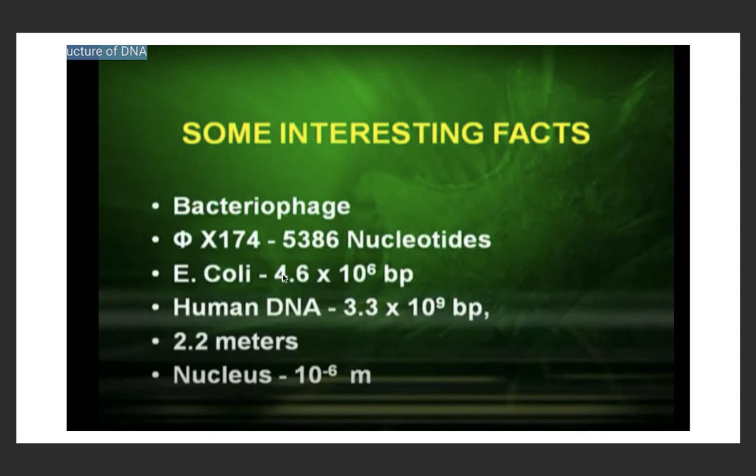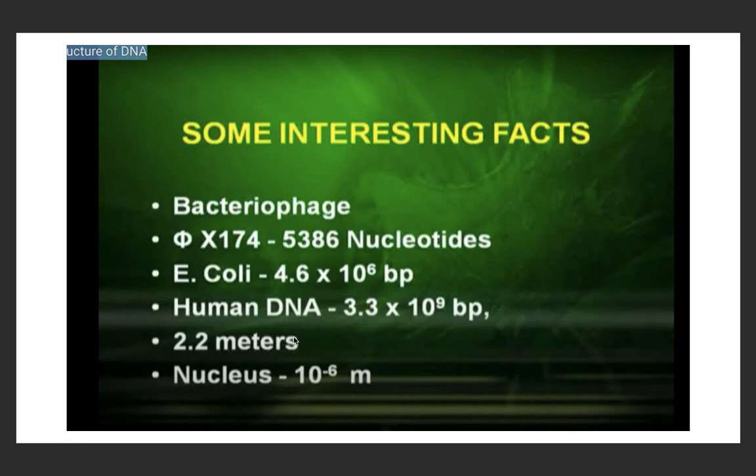An E. coli cell has 4.6 into 10 to the power 6 base pairs. In human DNA, it has been counted that there are 3.3 into 10 to the power 9 base pairs, approximately a 2.2 meter long thread of DNA present inside our cell.